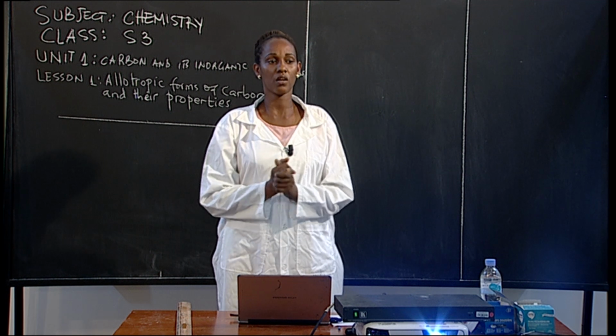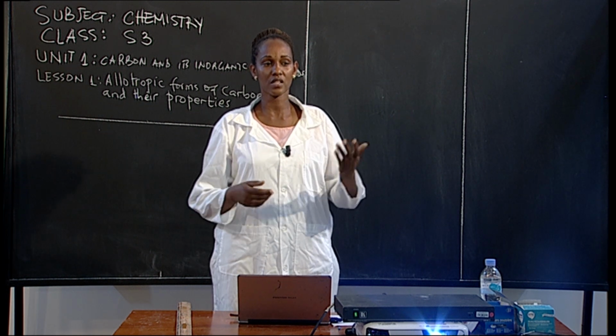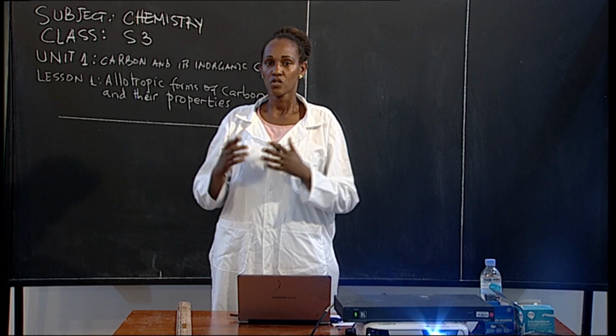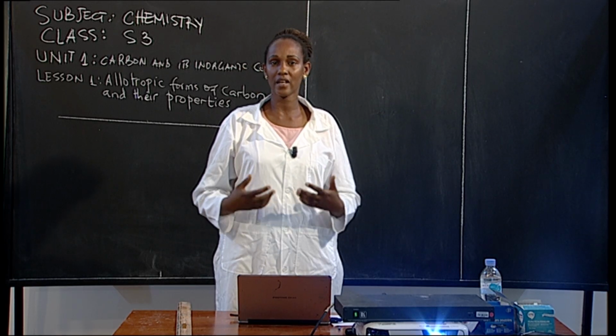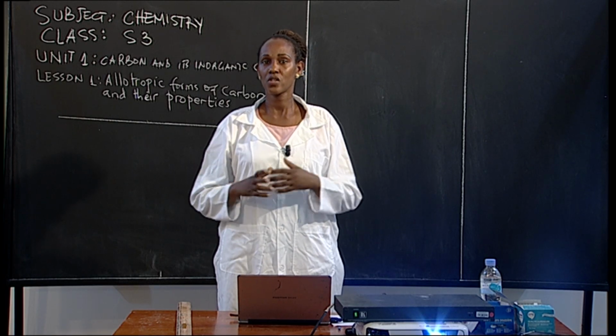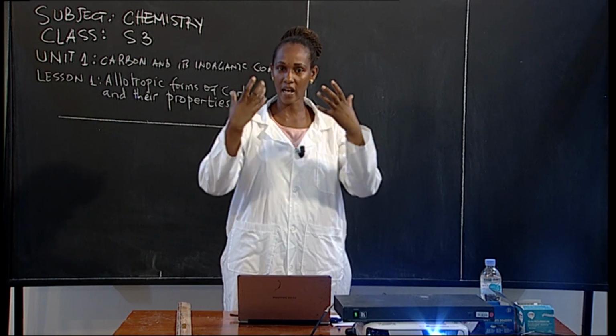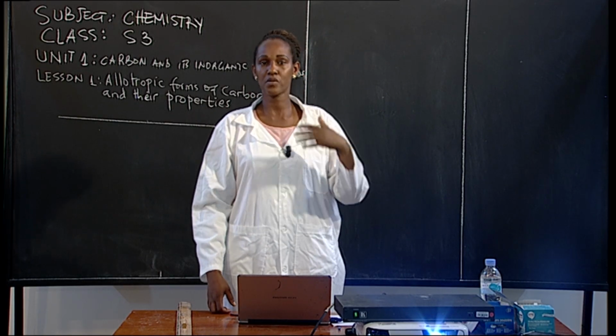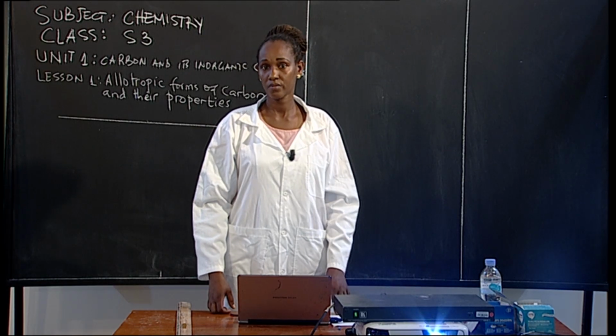Another use of diamond is in making jewel. It is beautiful and sparkling. Diamond gives a shiny, very beautiful color. So what does it help? It helps in making jewel.